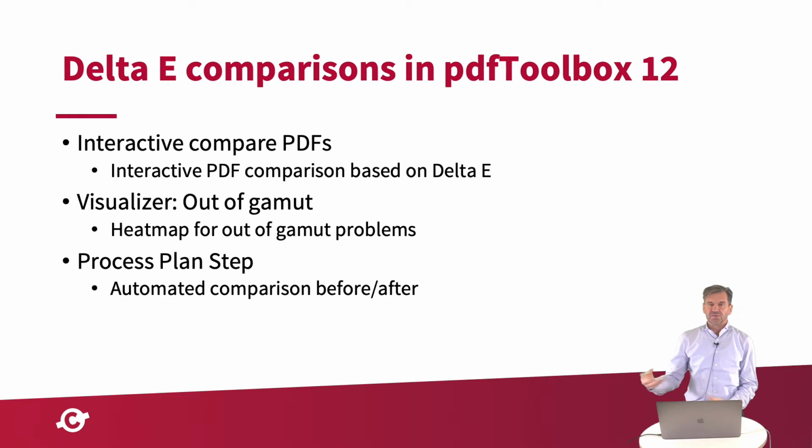And then there is, as David has just shown, the process plan step that allows you to compare a PDF file in a process plan with a previous version of that PDF file in the same process plan. So this is where you can use delta E.